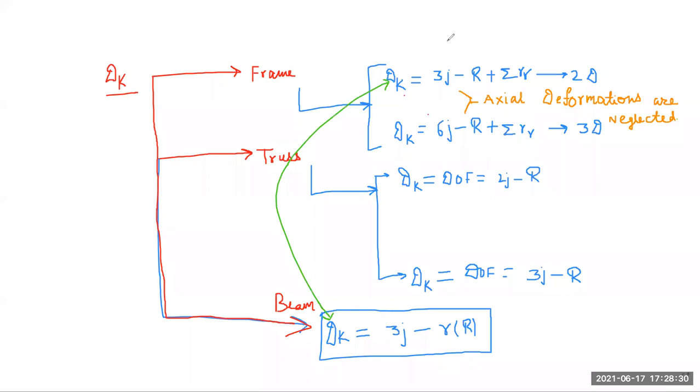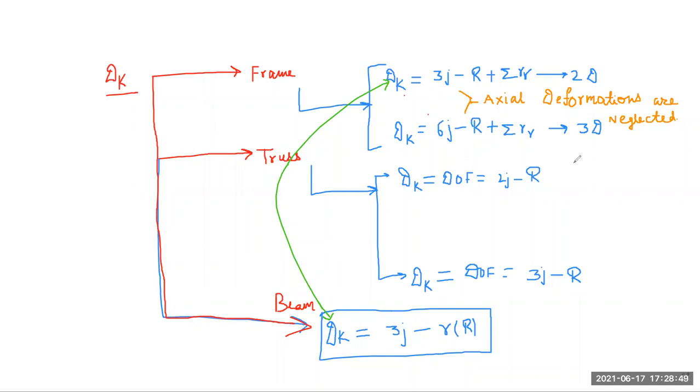Next, learn this formula by heart: DK for frame is equal to 3j minus r plus summation of release reactions. DK for frame for 3D case is equal to 6j minus r plus summation of release reactions. DK, the degree of freedom, is equal to 2j minus r for truss.